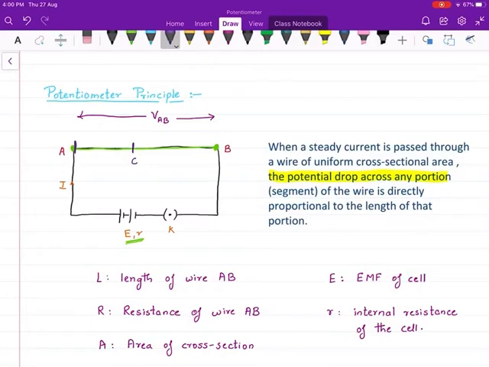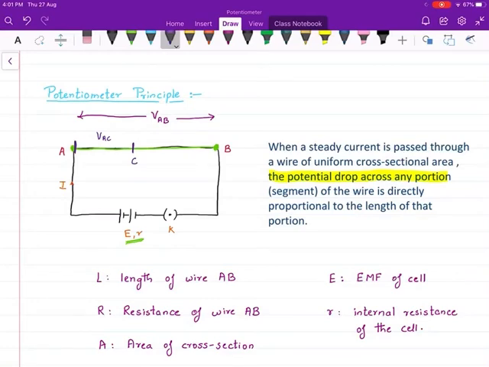So potential drop across this wire, let that potential drop be VAC. The potential drop across the entire wire, or the potential difference, is VAB. Across AC, it is VAC. Okay, so according to this principle, the potential drop across any portion is directly proportional to the length of that portion.